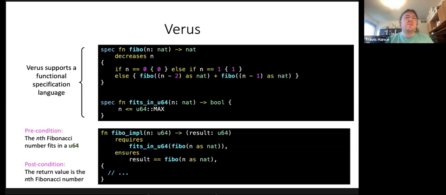And then we convert those to SMT almost directly. These are meant to be written in a functional style so that they can be converted fairly directly into the SMT-LIB language. A function like fibo, for example, would be encoded as: for all n, fibo of n is equivalent to this definition. There's a bit more about this in our paper if you want to check that out, about how we do the encoding. Is that what you're asking about?